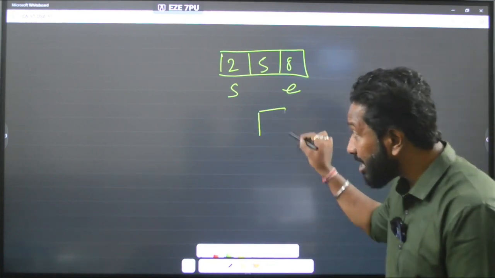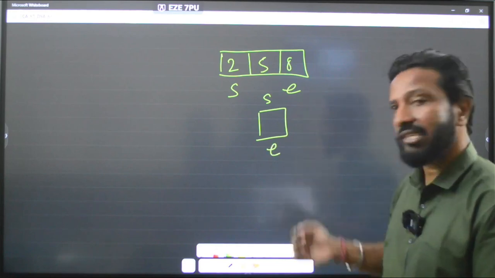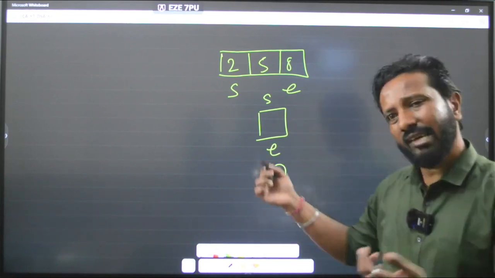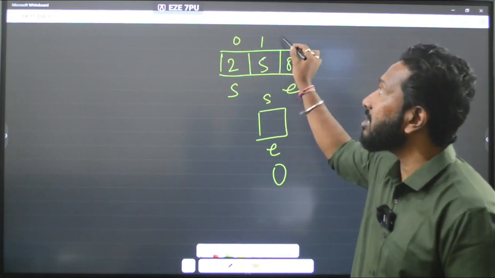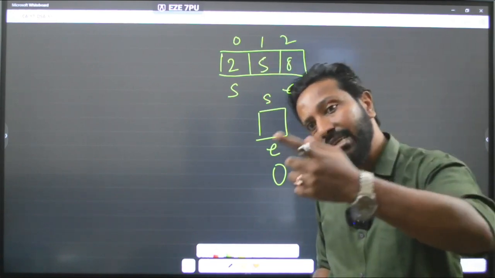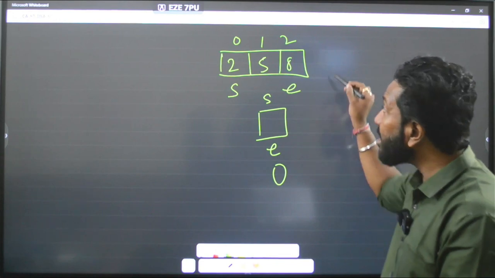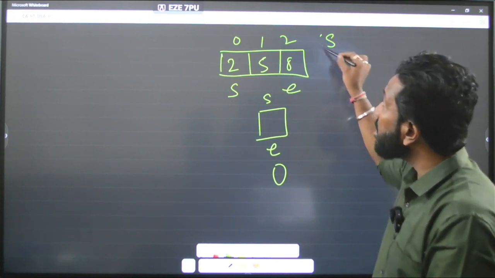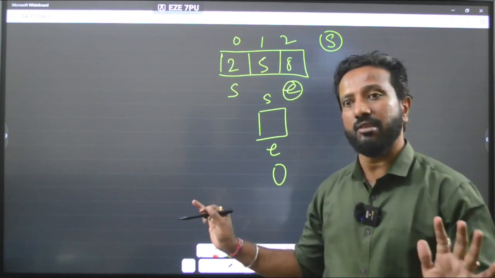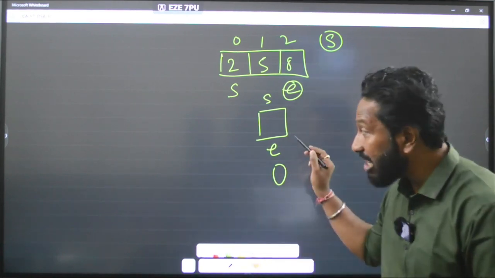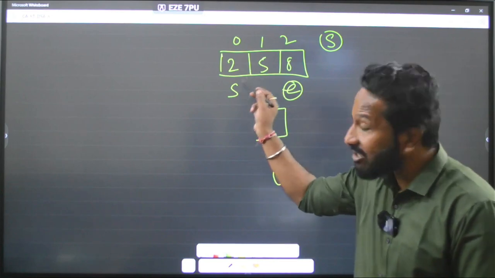If there is only one element, the start and the end can coincide, right? Index 0, that is possible, absolutely fine. This is index 0, 1, 2. But in any scenario, can the start go beyond the end? End is here, can the start go beyond the end? This is not possible. Worst case, they can be equal, or it will always be less.